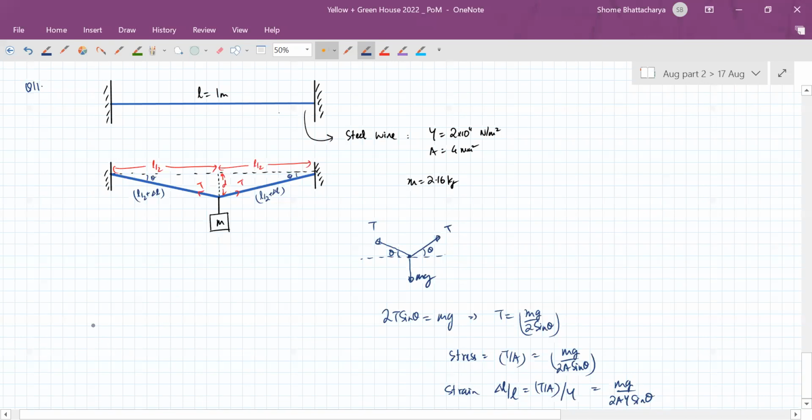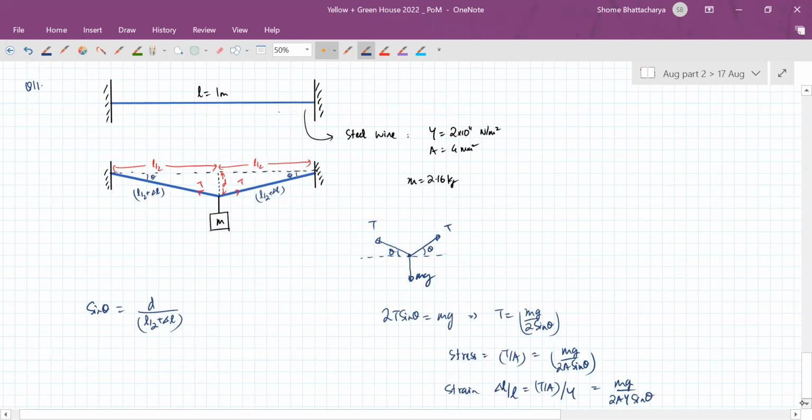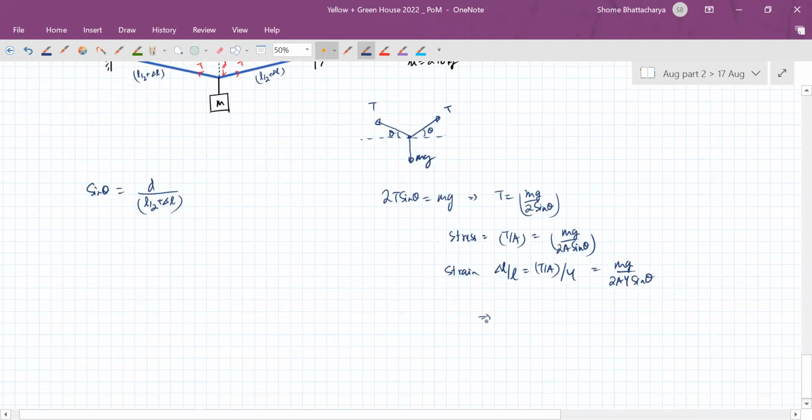Now in the diagram, you can see that sine theta is equal to d upon, okay. And from that only we'll do this calculation.